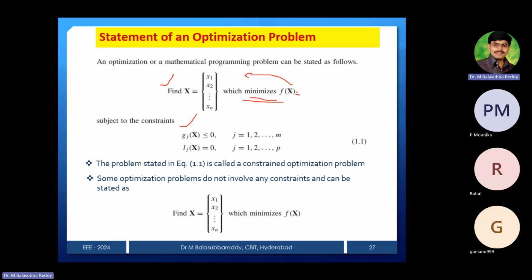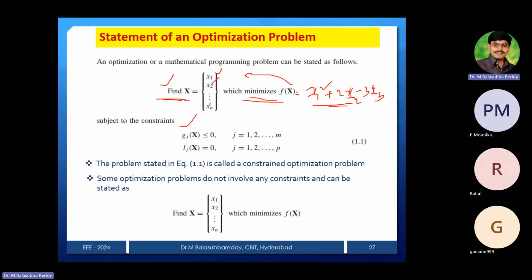Suppose f of x is equal to x1 square plus 2x2 something and minus 3x3, like that. Then we can write x1, x2 and x3. So x is a vector. We need to find the variables x1, x2, x3 and so on up to xn.